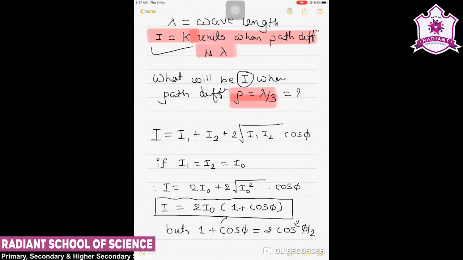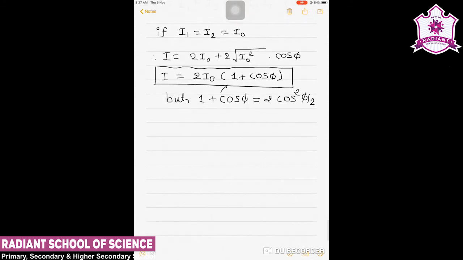So by applying this condition, we have the equation of intensity I is equal to 2I0 into 2 cos square phi by 2, and therefore this is 4I0 cos square phi by 2. So this is the case.